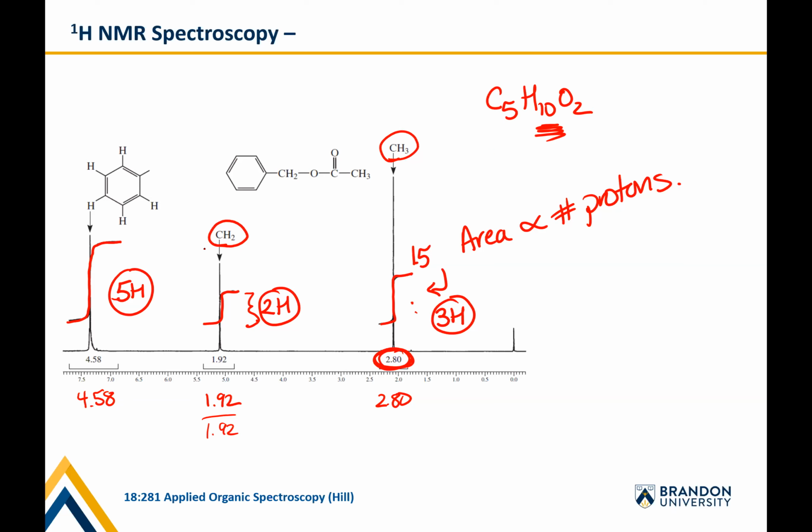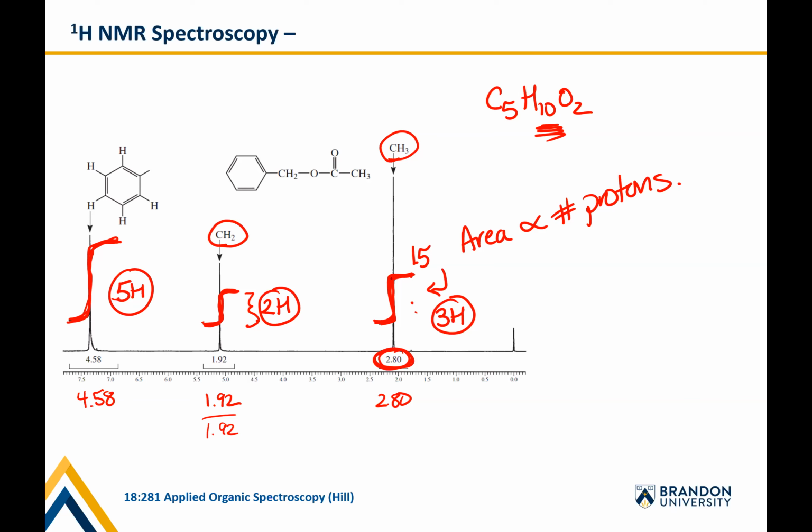So this is the next point: the area under the curve, the integral, will tell you the number of protons responsible for this signal. This is super, super important. It's one of the aspects of the spectrum which is often forgotten, and it's one of the most informative ones. So just don't forget that.